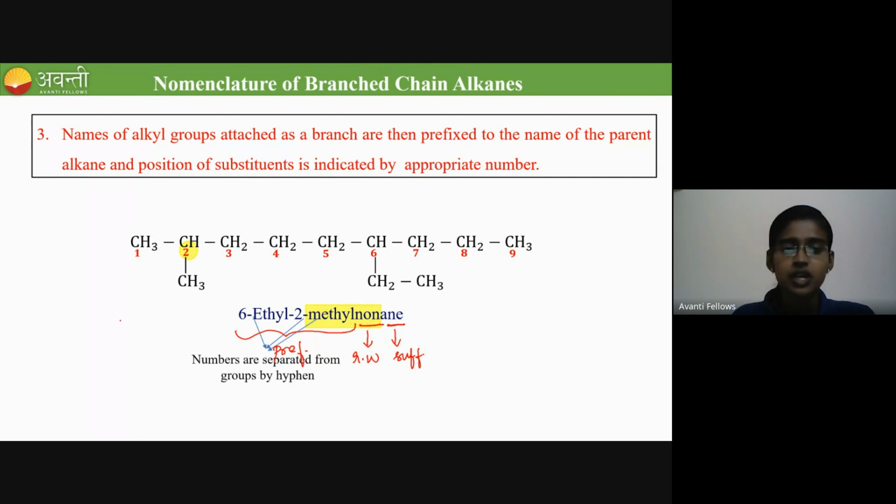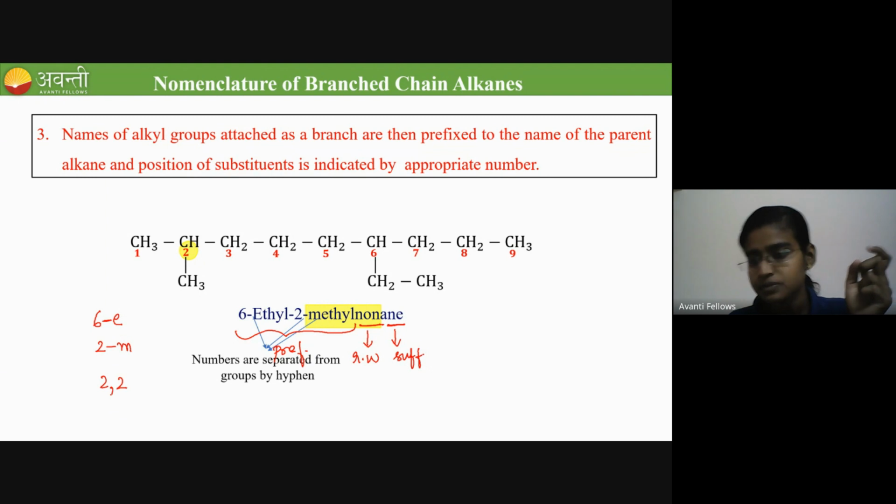Then next, numbers are separated from groups by hyphen. If you are separating a number from a letter, you have to put a hyphen. One number and another number have to be separated by comma. Got it? Number and letter by hyphen, number and number by comma.